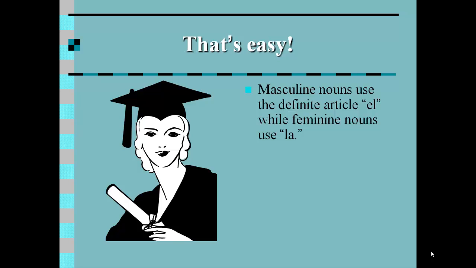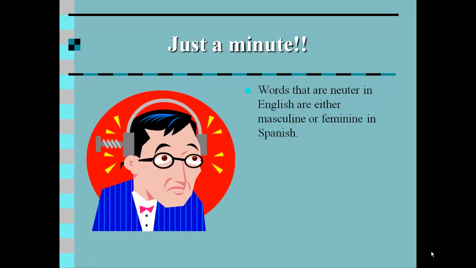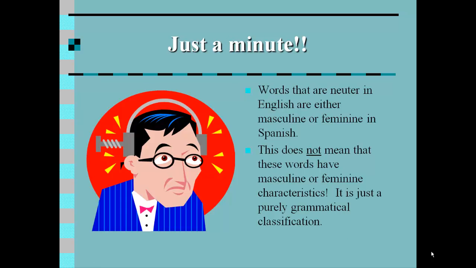Good information for your notes, right? Whoa, how can table be feminine and book be masculine? Oh, it's just a grammatical classification, and it has nothing to do with the characteristics of the noun.